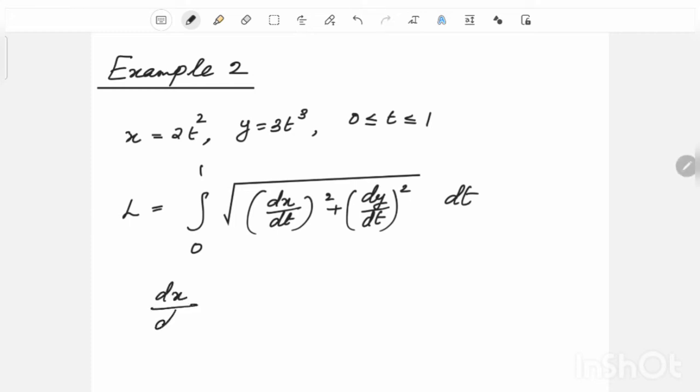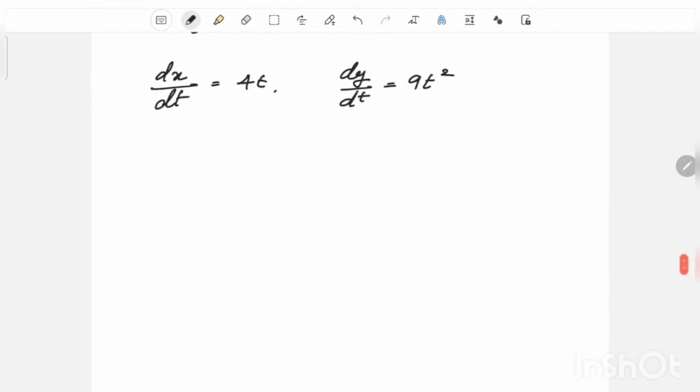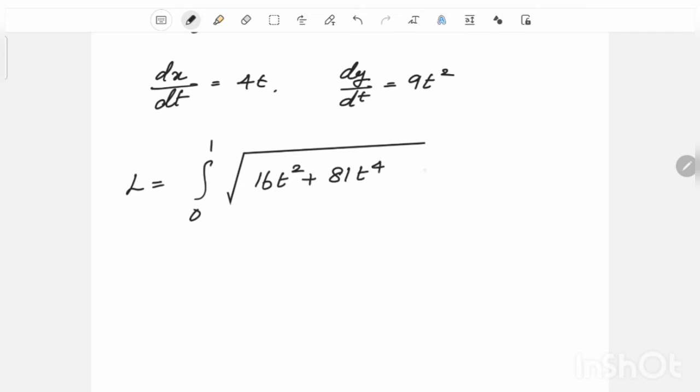Dx by dt is given by 4t and dy by dt is equal to 9t square. Therefore, L becomes the integral from 0 to 1 of the square root of 16t square plus 81 t raised to 4, dt.